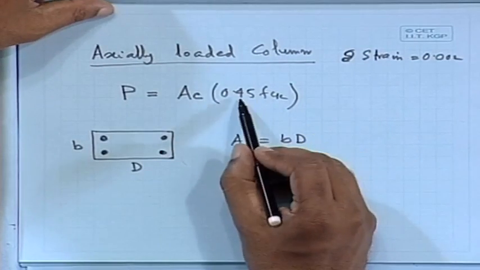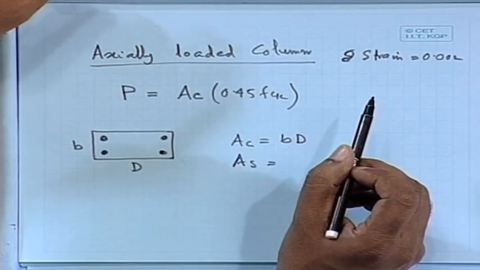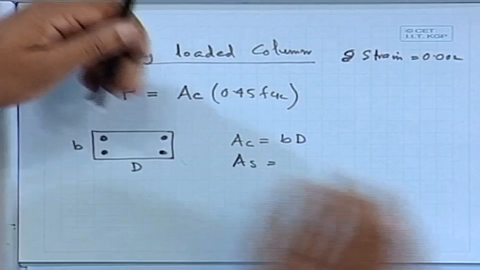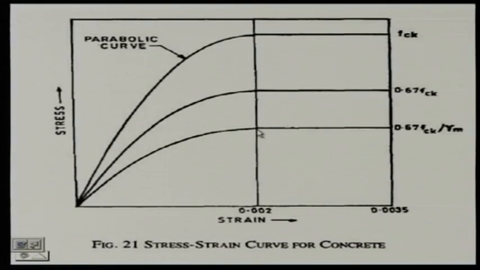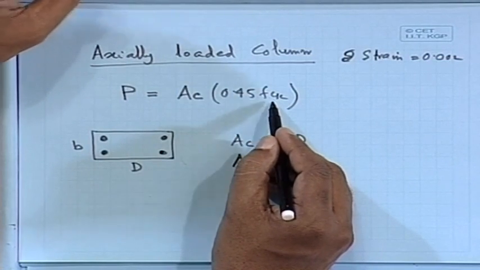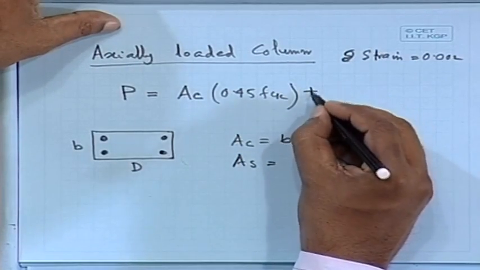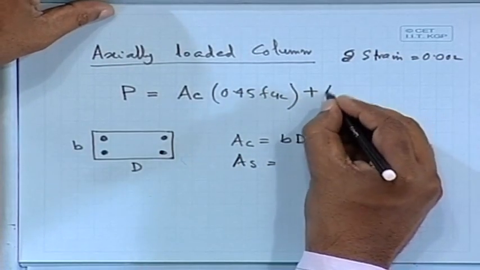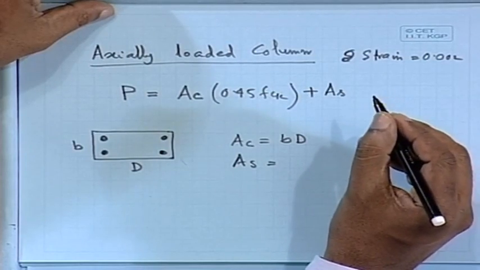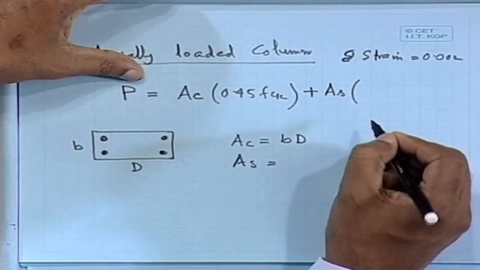What do we have to find out then? That means at 0.002 strain, what is the corresponding stress in concrete as well as in steel? In our case, concrete has already achieved the maximum allowable, that is 0.45 fck. So the area of concrete times 0.45 fck is the load that concrete can carry, plus the area of steel times the stress at 0.002.